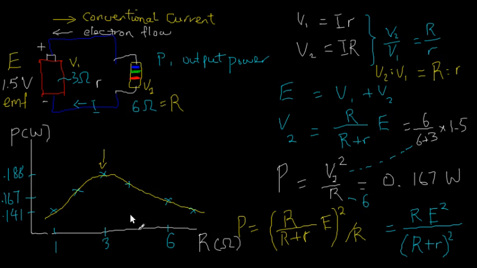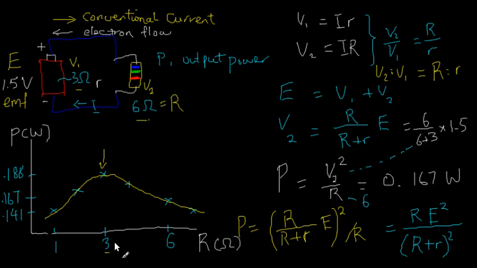Now if you do this calculation, you'll find that the peak happens at a value of the external resistance that just happens to be equal to the internal resistance. The internal resistance is 3, and if you plot this graph, you'll find the 3 here.